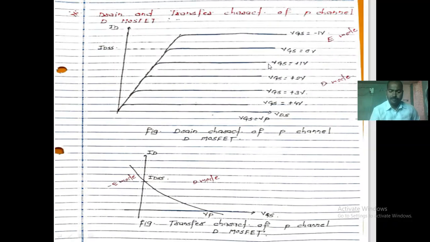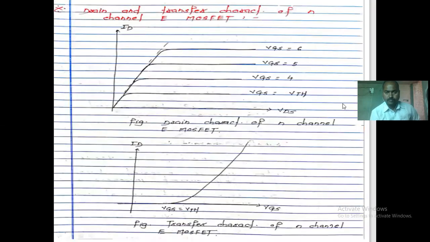So see, drain and transfer characteristic of n channel E MOSFET. See the diagram. What will be the difference between it? Tell me.